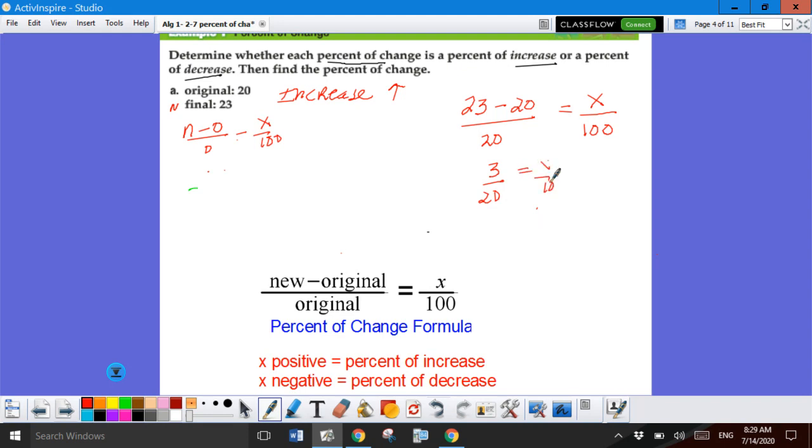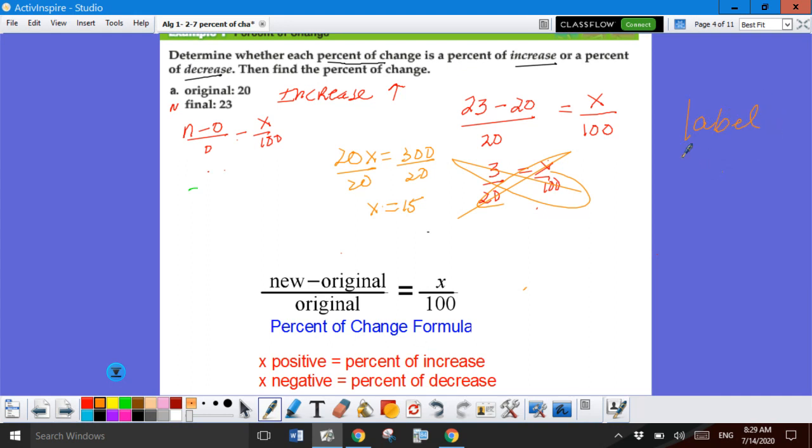equals x over 100. And remember how we saw proportions. It is a cross product. So 20x equals 300. So dividing by 20, I'm going to come up with 15. Okay, now I'm not done, because this is a word problem. So I know when I have word problems, I always have to label.